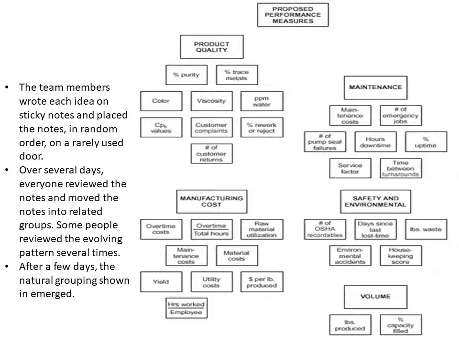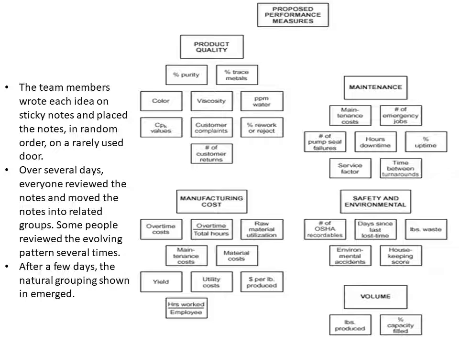The next quadrant is maintenance. Under it, we have maintenance cost, number of pump seal failures, number of emergency jobs, hours downtime, percentage uptime, service factor, time between turnarounds. These are the key indicators of maintenance.